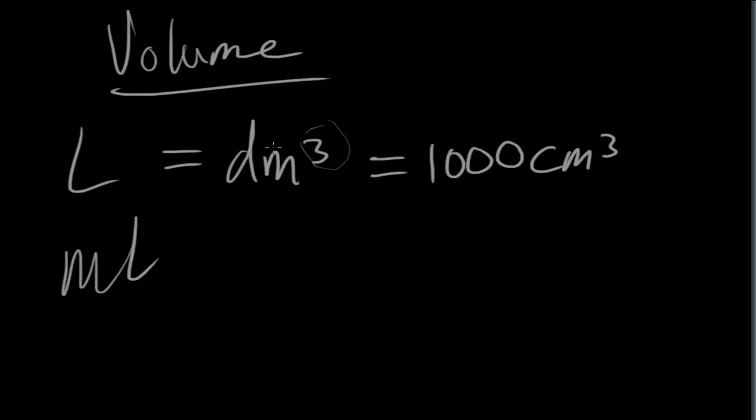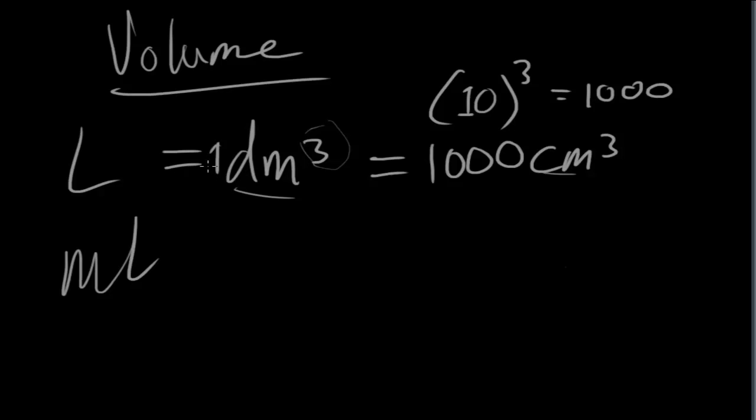Centimeters are smaller than decimeters by a factor of 10, and the reason why 1,000 centimeters cubed is equal to a decimeter cubed is because both of these quantities, decimeters and centimeters, are being cubed, and therefore the difference, the factor of 10 when we haven't cubed it yet, we have to cube that difference also to find out the difference between them when they are cubed. And when we cube 10, we get 1,000.